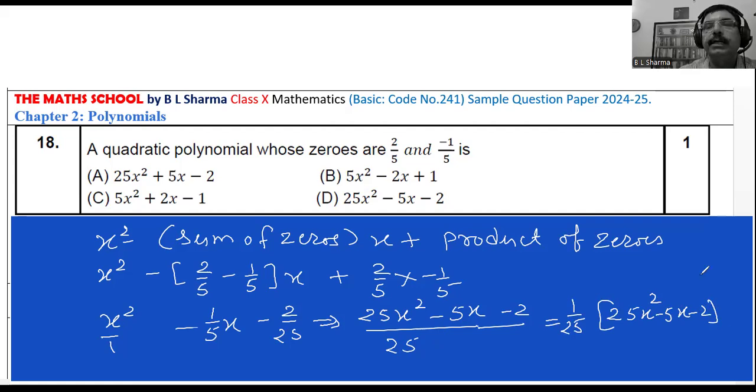So it means D is the, it doesn't matter. आप ध्यान दीजिएगा कि ये जो कोएफिशिएंट होता है इसका कोई वैल्यू होता नहीं. Either you write, good, you don't write also good. So what is the answer here? The answer is this one. 25x square minus 5x minus 2. So you can say D is the correct option.